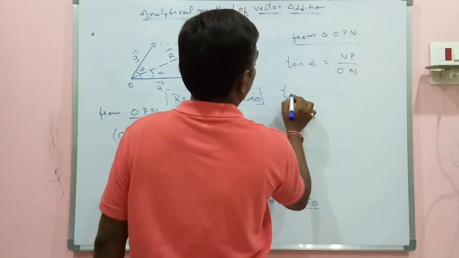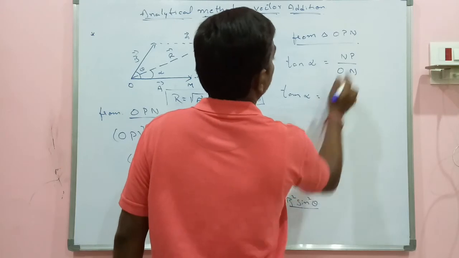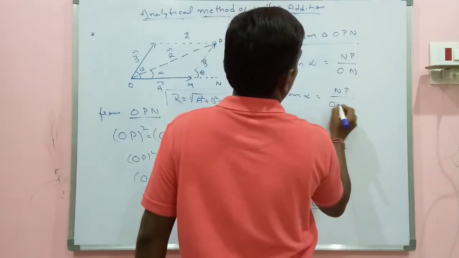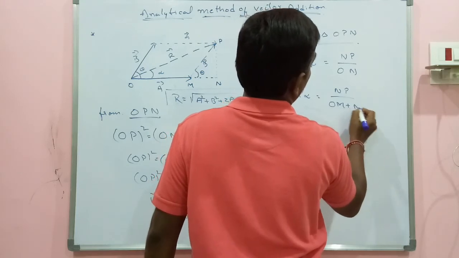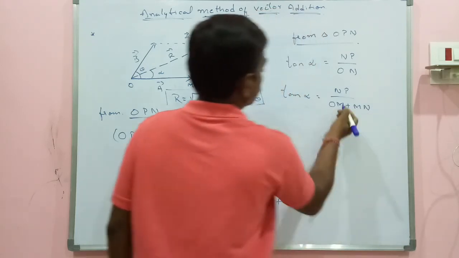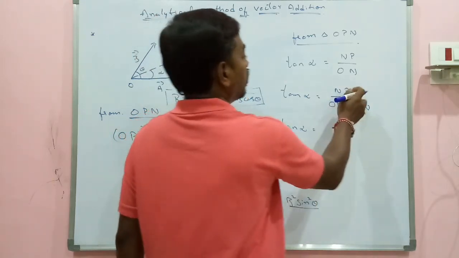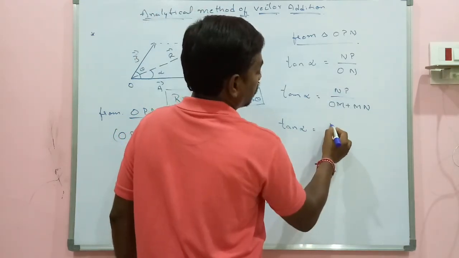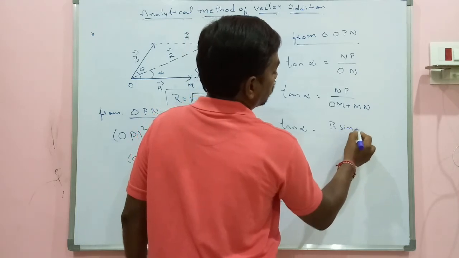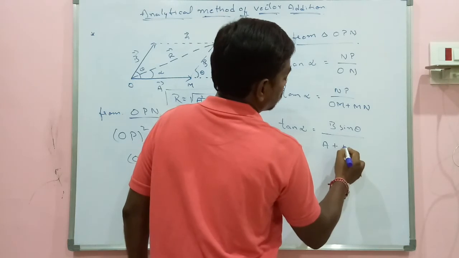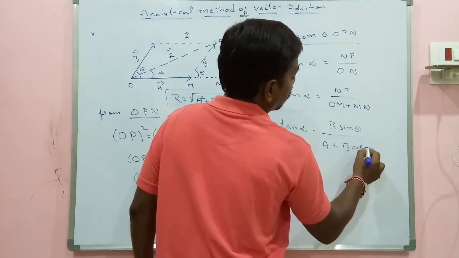This can be expanded further: NP as usual, and ON can be written as OM plus MN. So tan alpha is equal to NP, what is it here? B sin theta divided by A plus B cos theta.